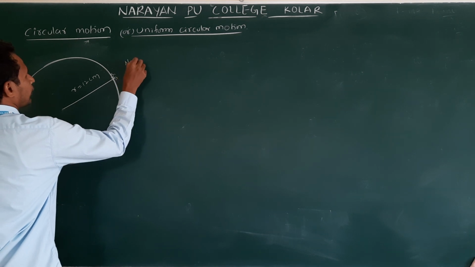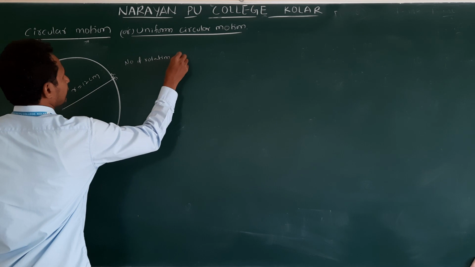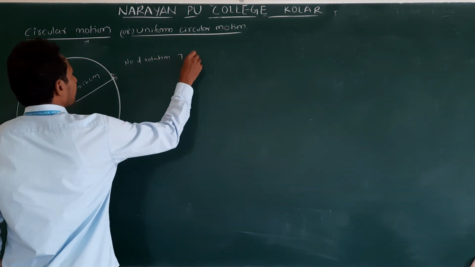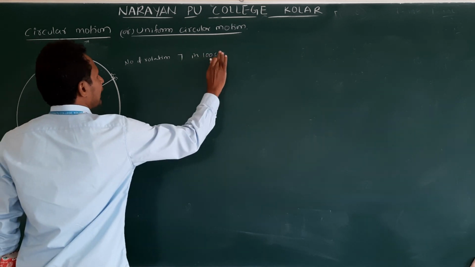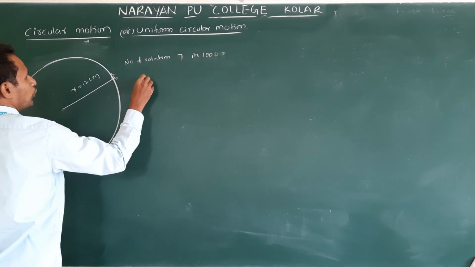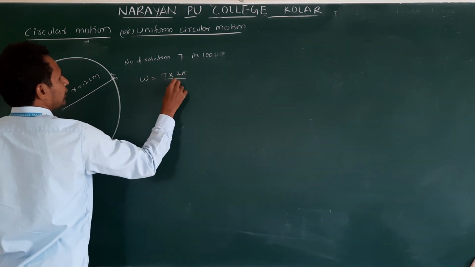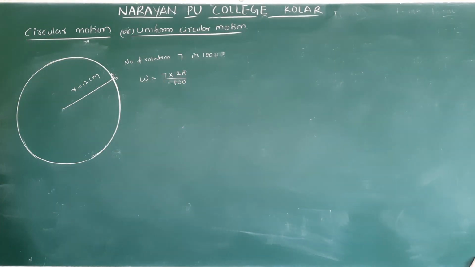Number of rotations 7 in 100 seconds. How do we write this angular velocity? Omega is equal to 7 into 2 pi by 100. They mention 100 seconds.